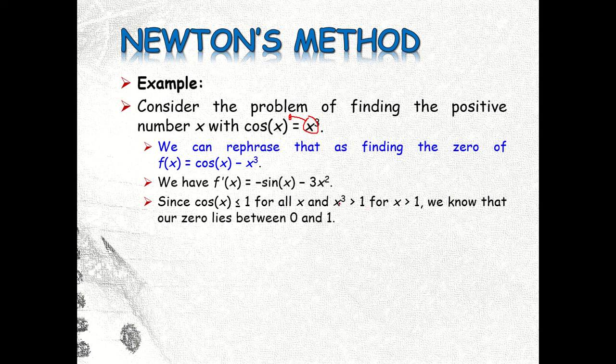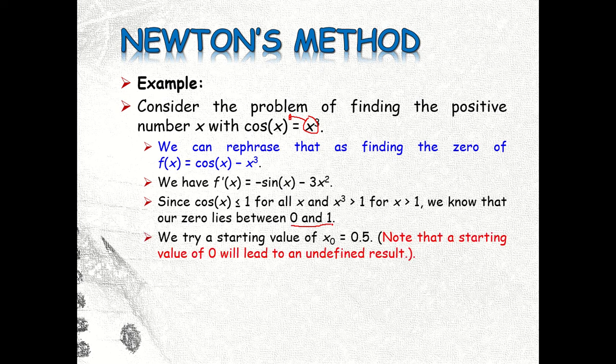If x equals 3, 3 cubed is 27, greater than 1. All right, so x cubed is greater than 1 for x greater than 1. So we know that our zeros lie between 0 and 1. Cosine is less than or equal to 1 and x cubed is greater than 1 beyond that, so you can say that the zeros, meaning the solution to the equation, lie in the interval 0 and 1.